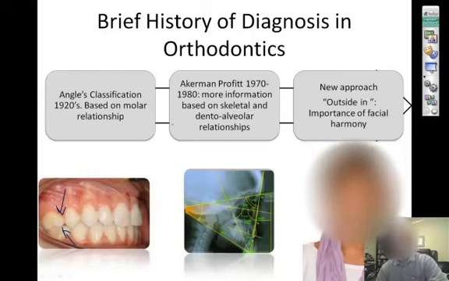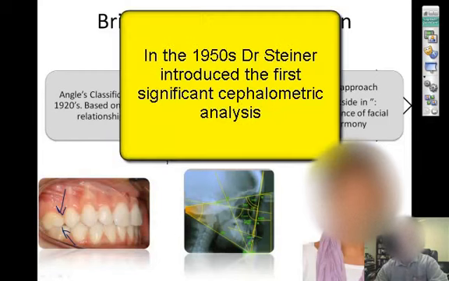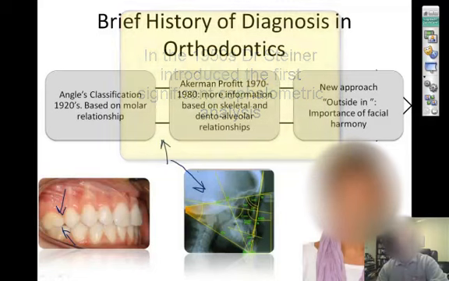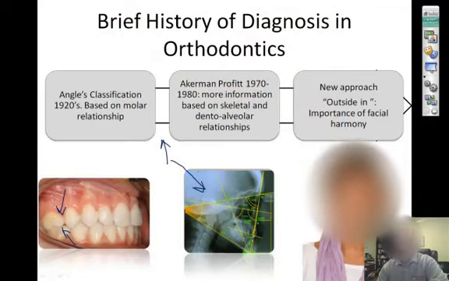So then in the middle here we should add an important concept, given by this picture. In the 1950s, Dr. Steiner introduced the systematic cephalometric analysis, and from then every orthodontic case nowadays is pretty much analyzed through a ceph analysis for the anterior-posterior relationship. You can use Steiner, there are Downs, McNamara.